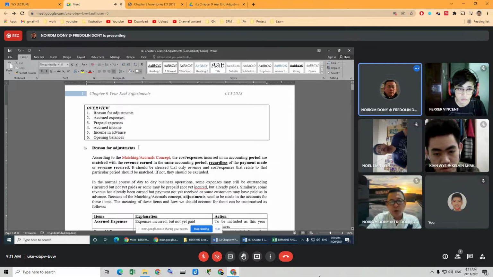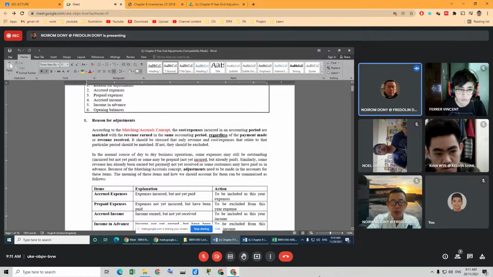So what is the reason for adjustment? Like just now I was saying increase and decrease of the expenses and the income. Why do we need to do adjustment? Because this is in observance of the matching and accrual concept.